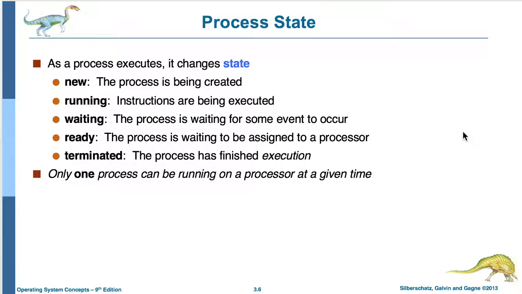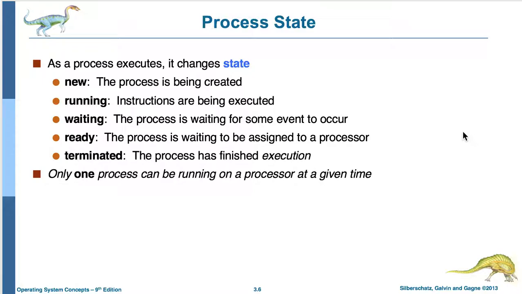When we look at the life cycle of a process, there are several states that a process transitions through. When a process is just being created, it is in the new state.